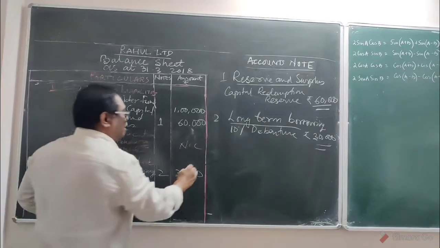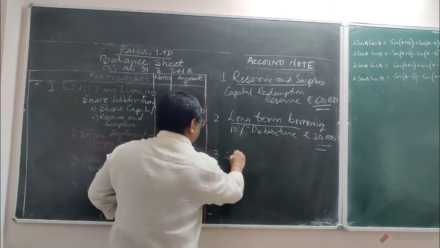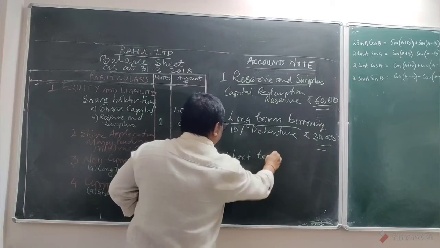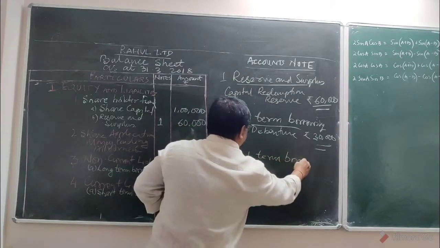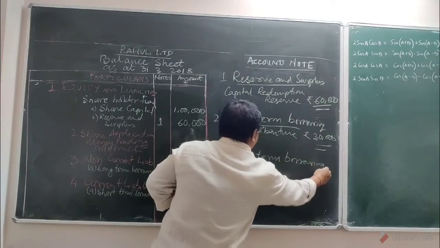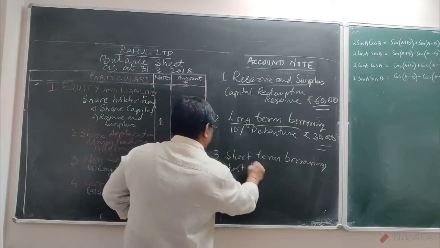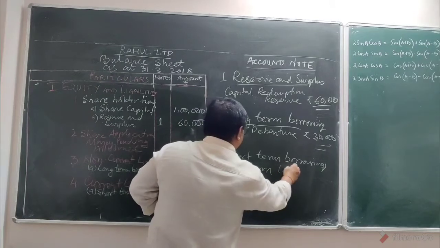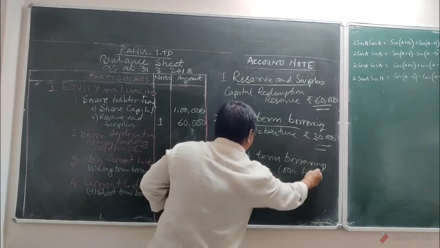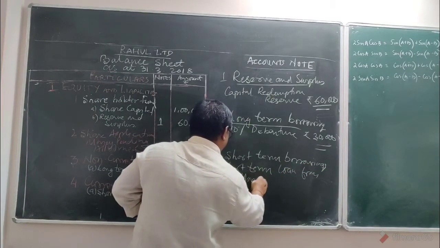Short-term borrowings. So under the heading number 3, short-term borrowings, we have short-term loan from Monica Limited.